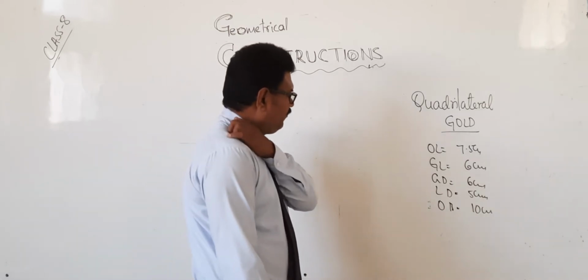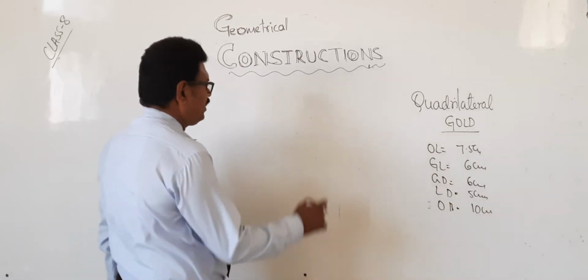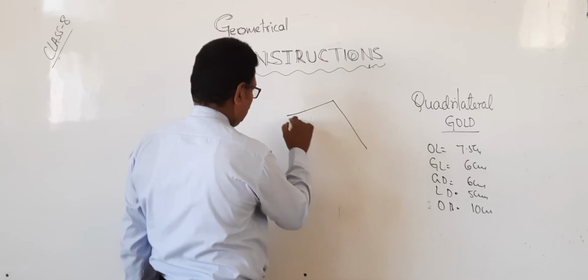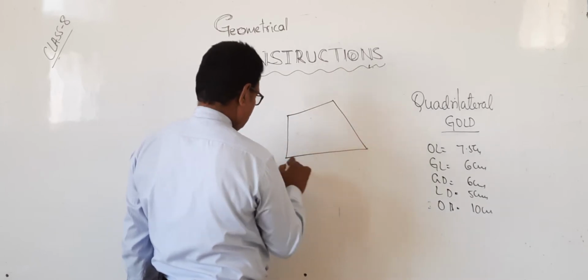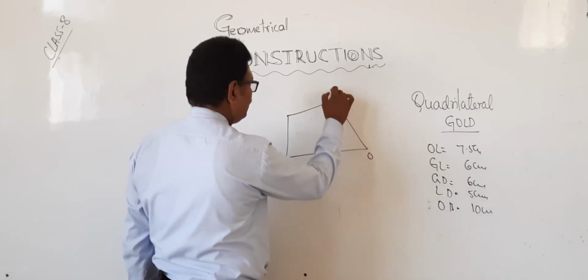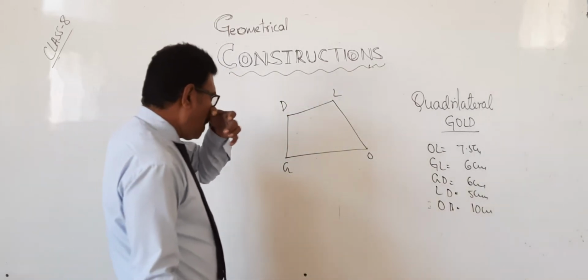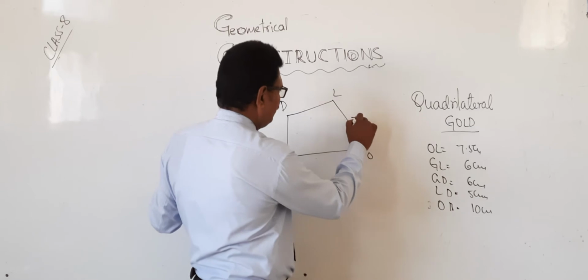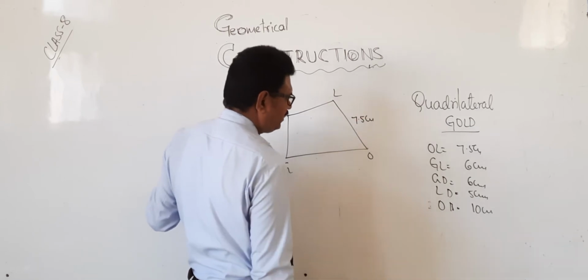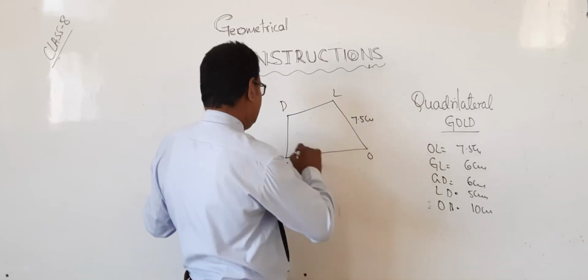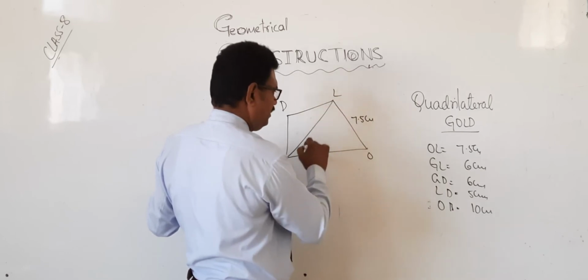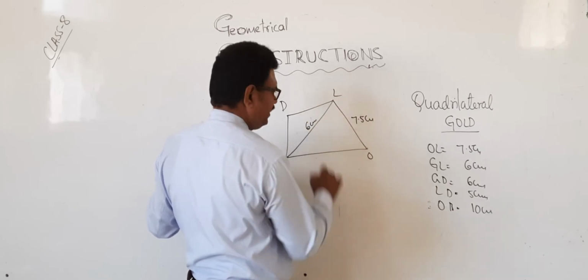If you draw a rough diagram, you will come to know GOLD. Now OL is 7.5 centimeters. GL, where is GL? GL is 6 centimeters.